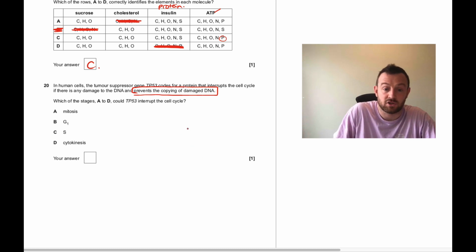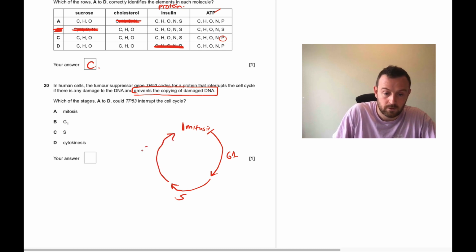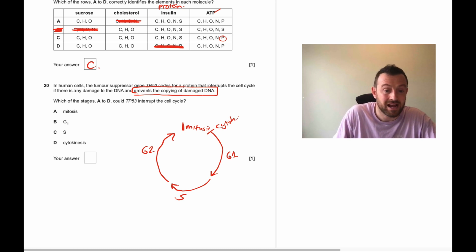So now we need to just look at the cell cycle. Mitosis is the start of it, isn't it? And then we have G1. And then we have S phase. And we have G2. Oh, and cytokinesis is there. So where is it going to be? It has to be before S, so therefore it has to be in the G1 phase.